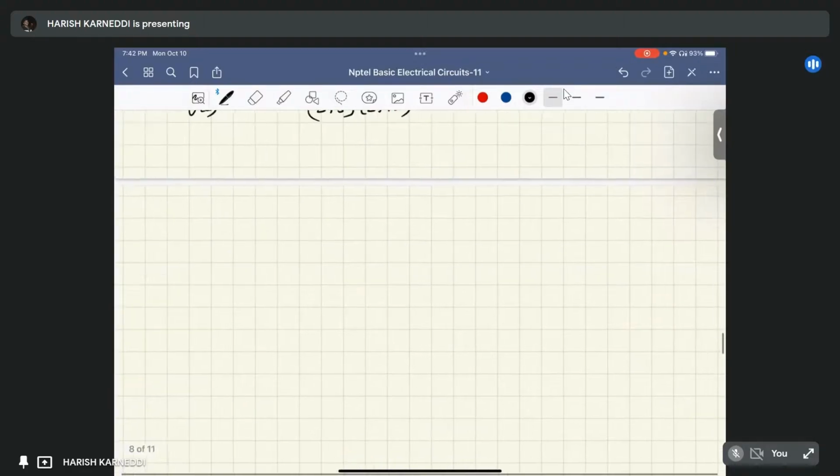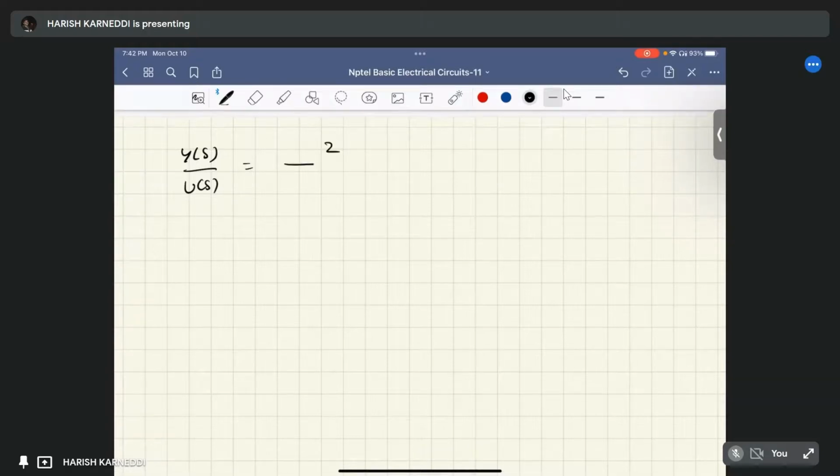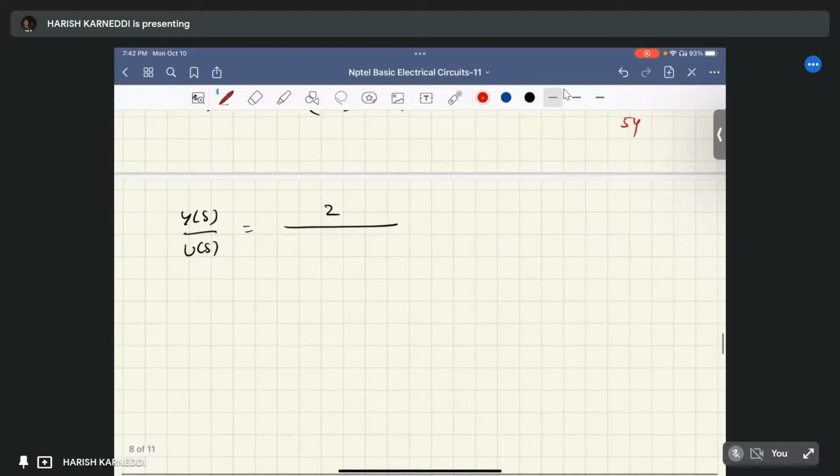So Y of s by U of s equals 2 by s square plus 15s plus 54, as 36 plus 18 is 54.